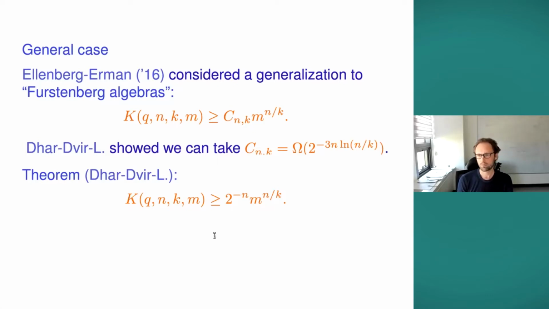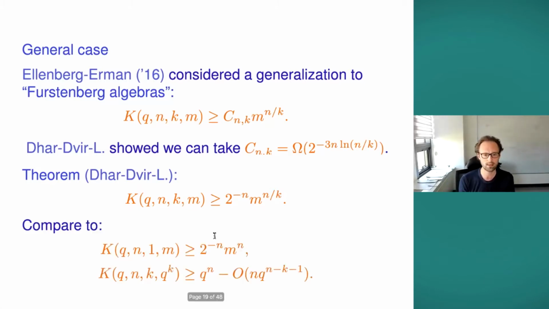So in a separate paper, we've given a number of other results on the problem. First is this, which is very similar. Again, it's m to the n over k. Here, the constant is 2 to the minus n. These bounds both are considering more general questions than the one that I've talked about, and they're really incomparable.